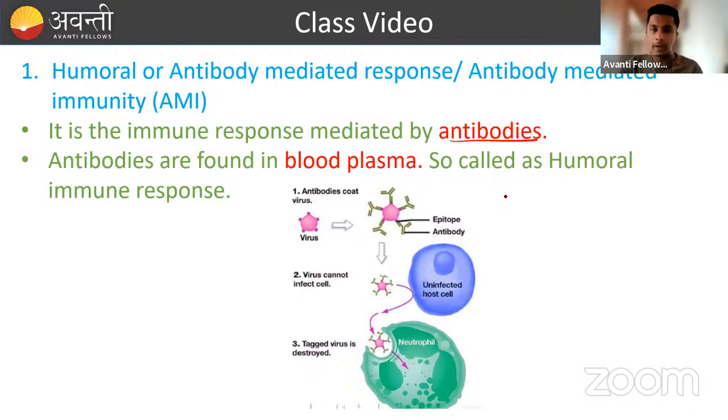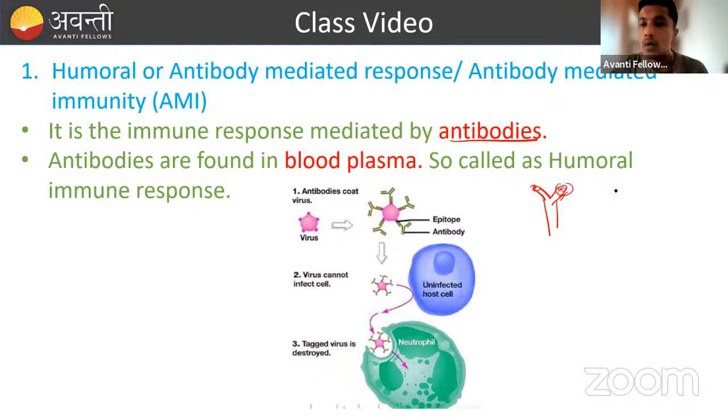As they move around in the blood plasma, whenever they encounter a pathogen such as a virus, our antibodies have specific sites where they interact with the virus. Let me write it here. This is your antibody, and these are some of the regions where your antibody can recognize the virus.